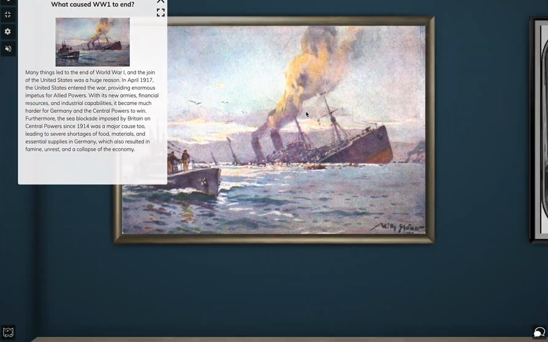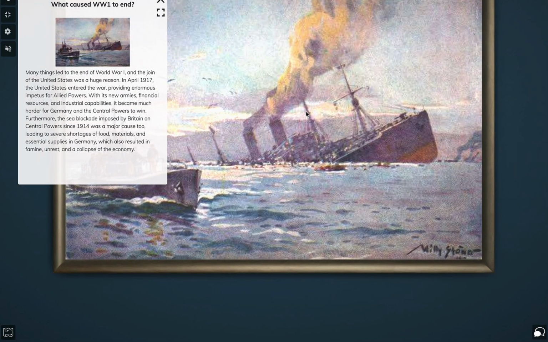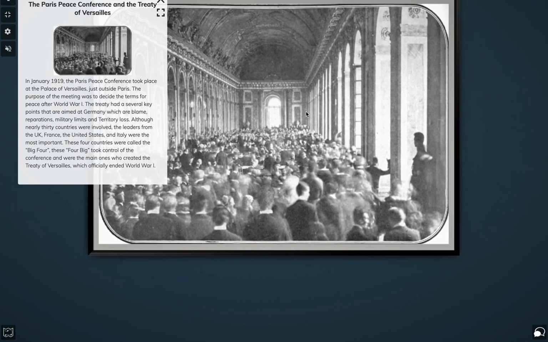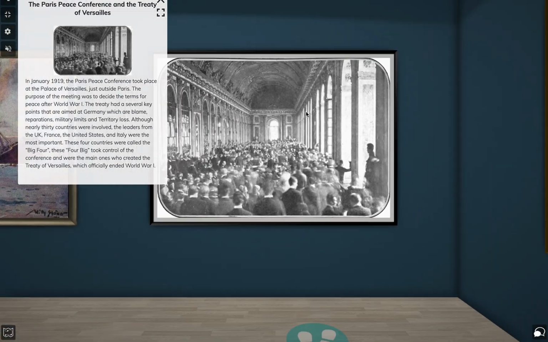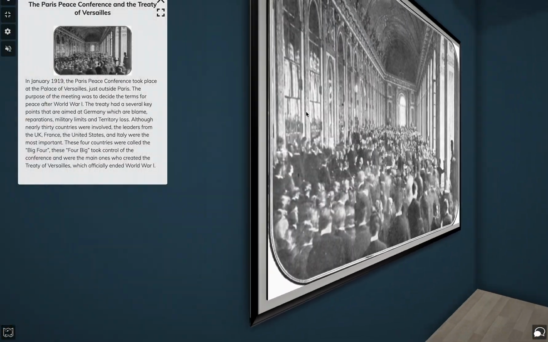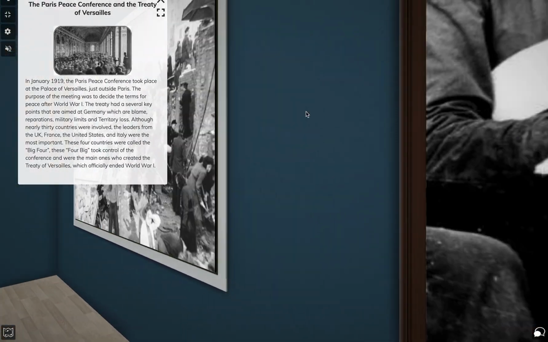One is the joining of the United States, and another one is the blockade imposed by Britain. And this is the Paris Peace Conference and the Treaty of Versailles. This is a meeting that was to decide the terms for peace after World War One.